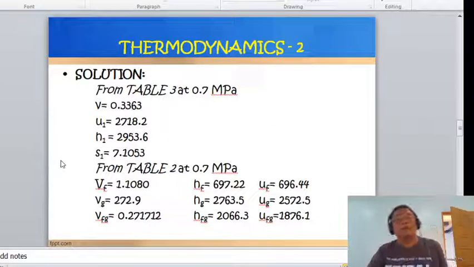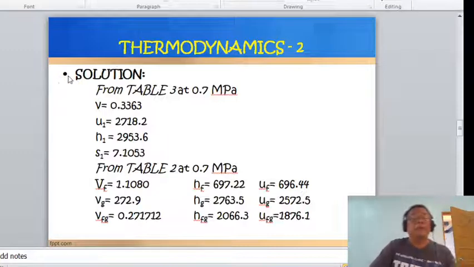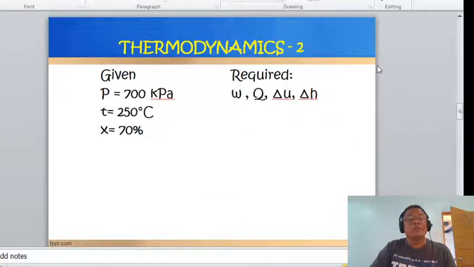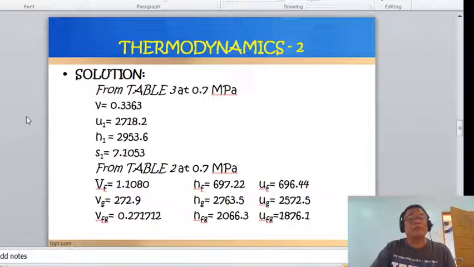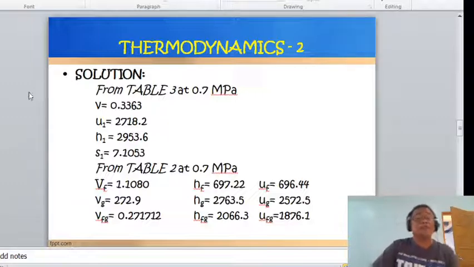In table 3 at 0.7 megapascal and 250 degrees Celsius, the specific volume v1 is 0.3363 cubic meters per kilogram. Internal energy u1 is 2718.2 kilojoules per kilogram, h1 is 2953.6, and the entropy is 7.1053 kilojoules per kilogram Kelvin.